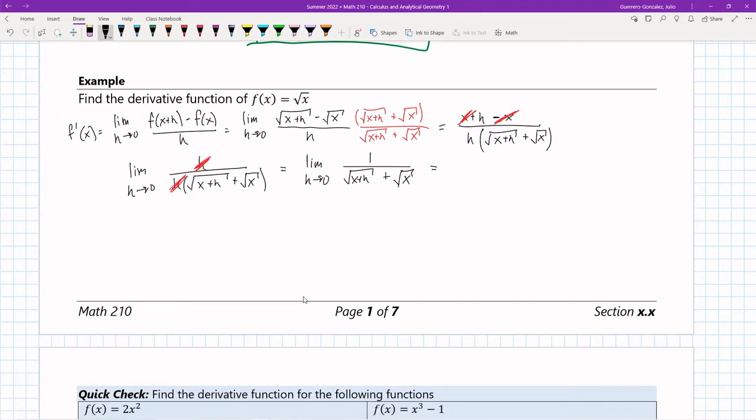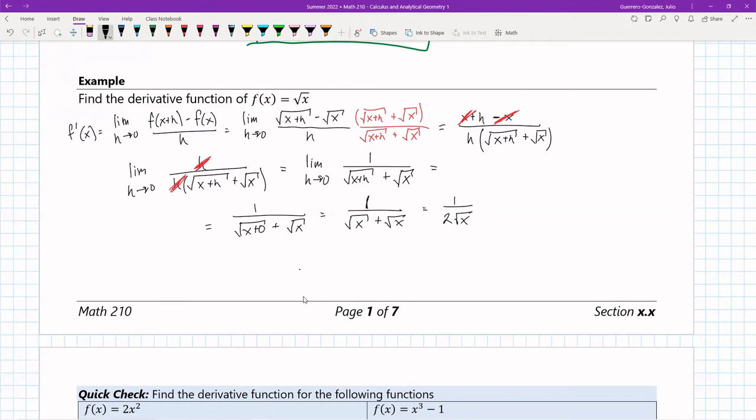There is no problem with me plugging in a 0 for h. So then this is now equal to 1 over the square root of x plus 0 plus the square root of x, which is 1 over the square root of x plus the square root of x, which is 1 over 2 root x.